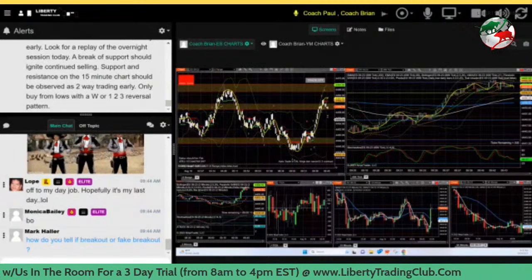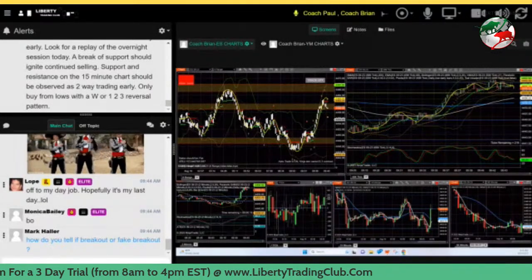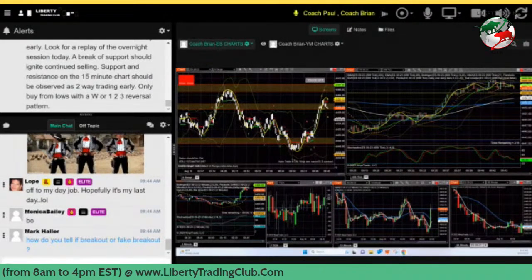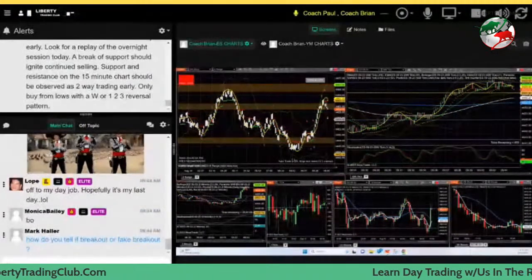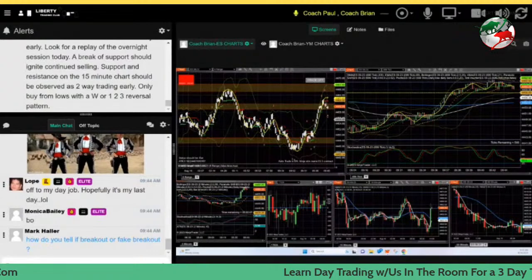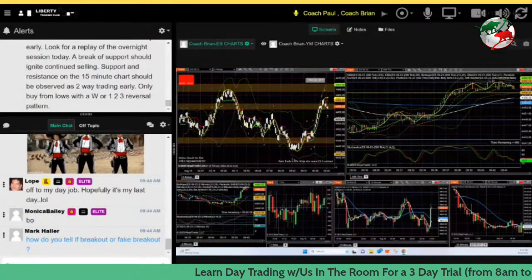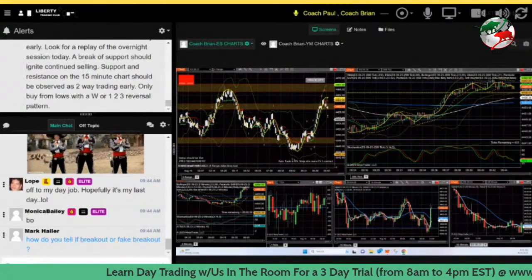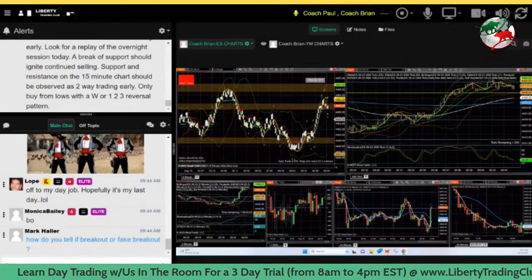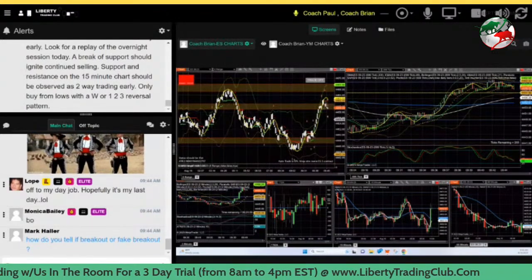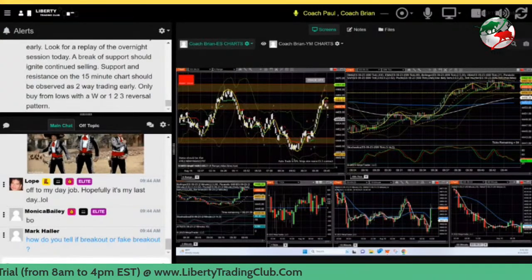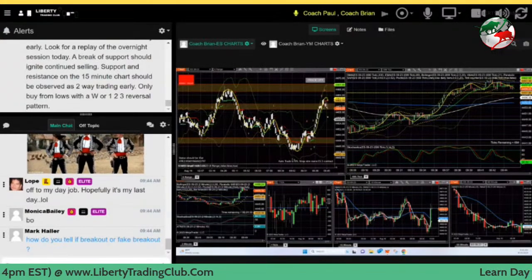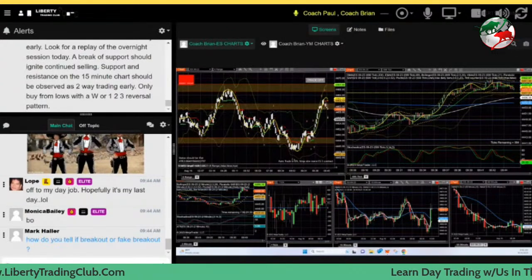What you'll see a lot of times, for instance, on the YM, you maybe see a little push up out of the consolidation and a rollover. That would be a fake out.